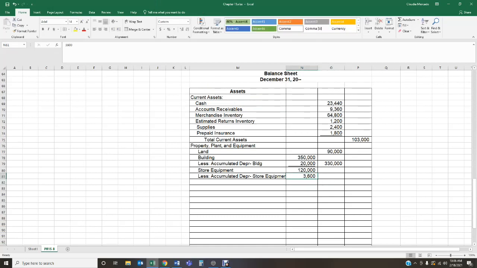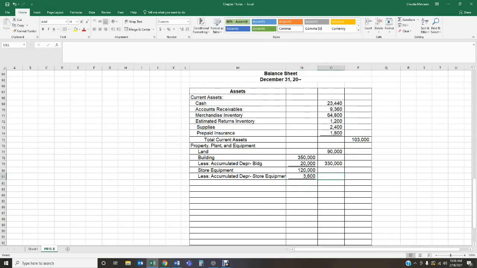So then my book value for the equipment is going to be $116,400. Now I can tally these three numbers up, which are my land, my building, and my store equipment. And that's going to give me $536,400.